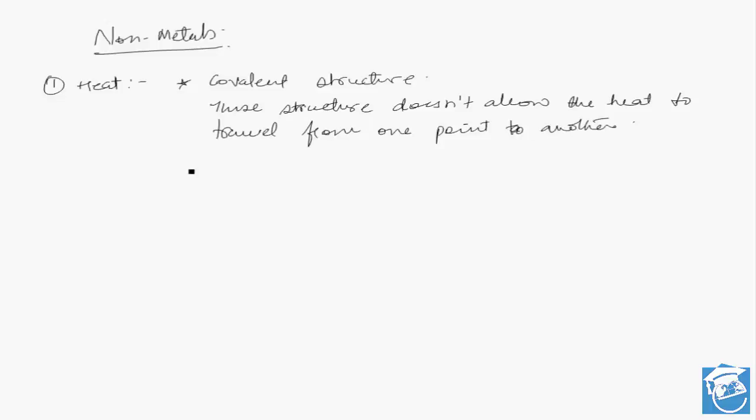As in metals, the heat energy quickly travels from one point to another due to the vibration of free electrons in the electronic bond screening and the metal ions. Well, in non-metals, the electrons are bound inside the atom, so they cannot help the transfer of heat energy.